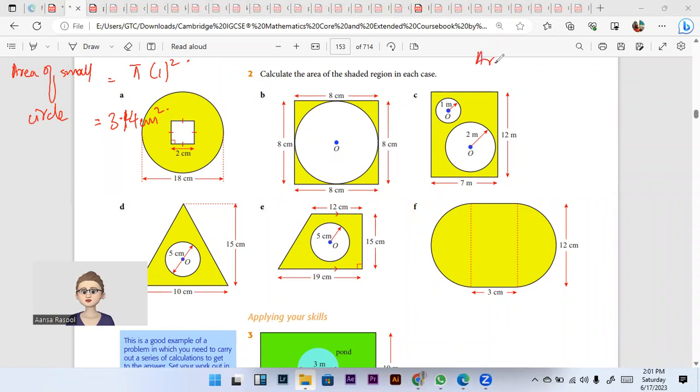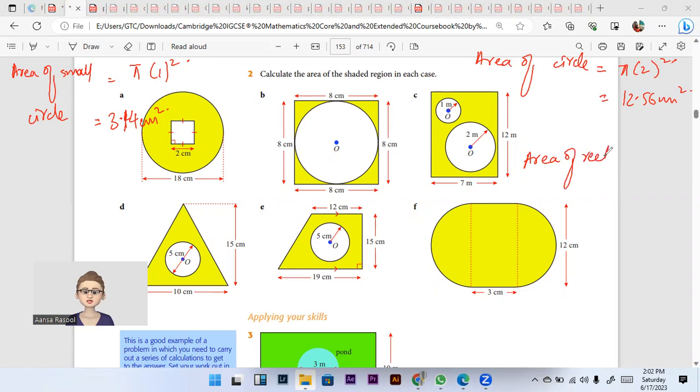And the area of the bigger circle, with radius 2 centimeters, will be pi 2 squared. 2 squared is 4 and 4 pi is 12.56 centimeter square. Whereas there is a bigger shape which is a rectangle.